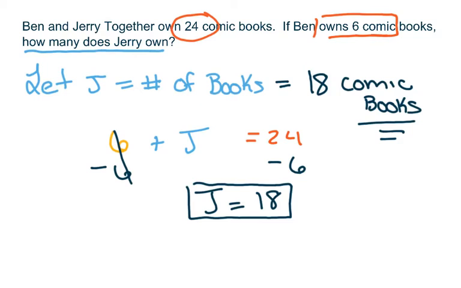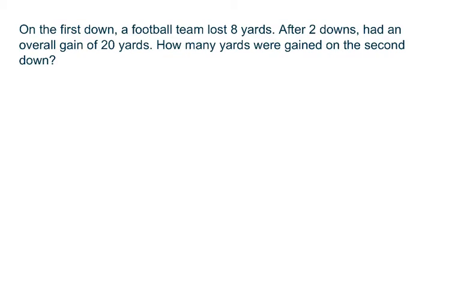So let's look at our next problem. This one says, on the first down, a football team lost 8 yards. After 2 downs, they had an overall gain of 20 yards. How many yards were gained on the second down? All right, well, I need to start picking out some key information, and I'm going to start with what it is I need to find.